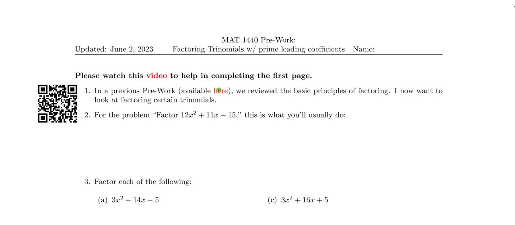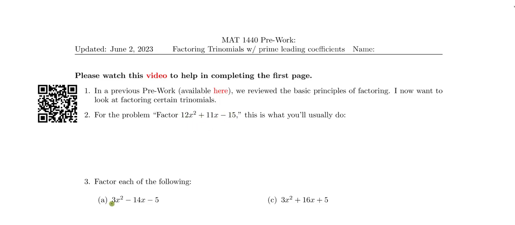Because this is a somewhat challenging procedure, I'm going to start by making sure that all of the trinomials I ask you to work with have prime leading and trailing coefficients. These will be the problems that we work in this section. But what's difficult is if students learn a method that just works for these, they're not able to utilize that method when you have more difficult leading and trailing coefficients.